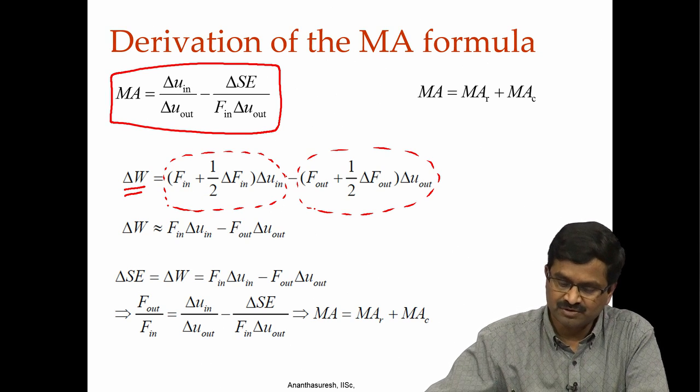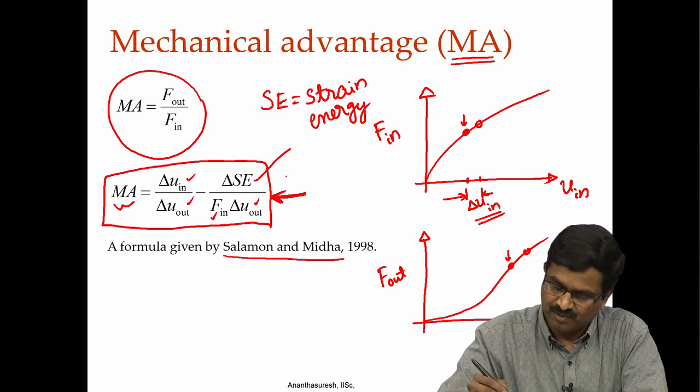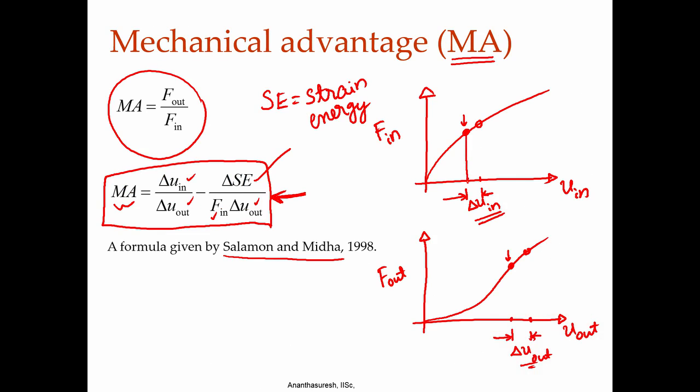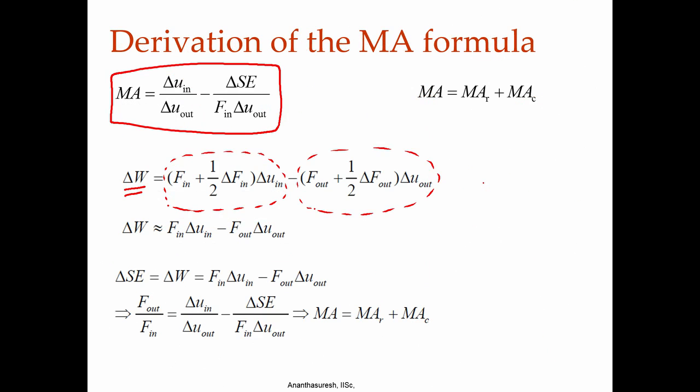Why is this F_in plus half delta F_in times delta u_in? For that we need to go to the plots that we did. This rectangle will be F_in times delta u_in.